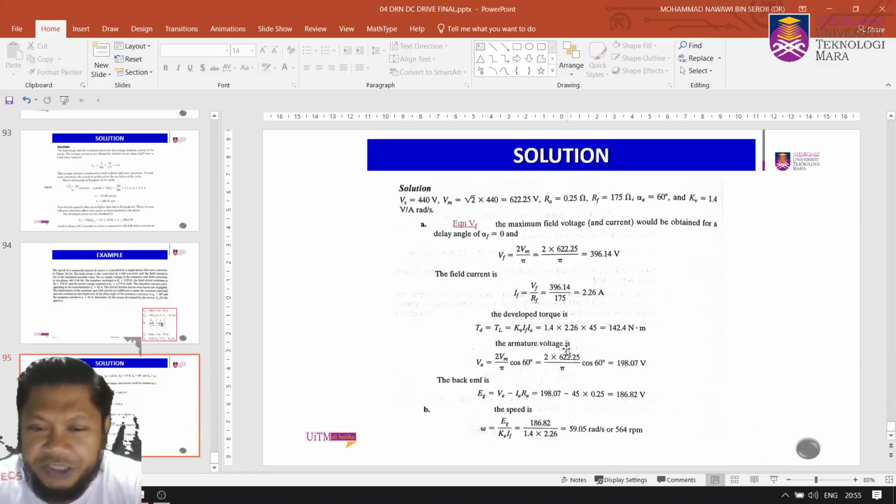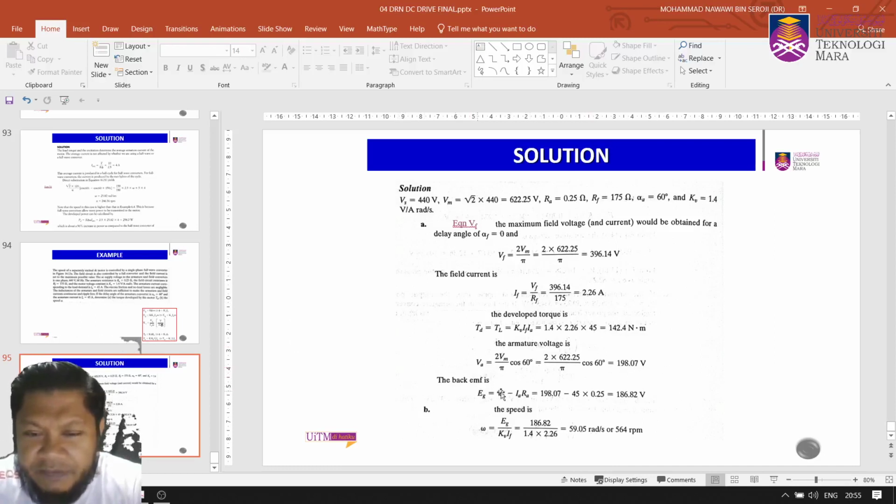Come back to the solution, and therefore you can calculate Vf, and then the field current is IF equals Vf over Rf. And then the developed torque, use the equation just now, gives you 142.4, and then you can find the armature voltage using the equation from previously, for the full wave, 2 over pi cos 60 degree.